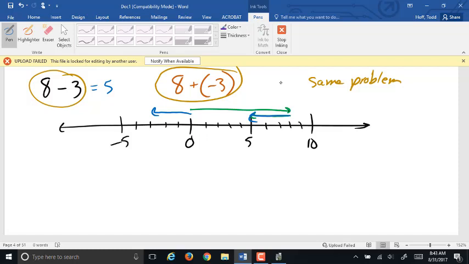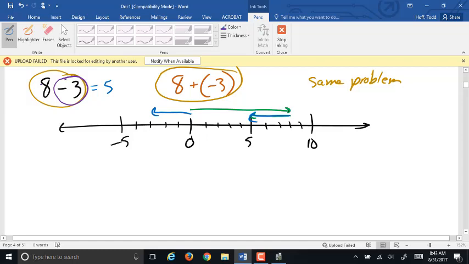Let's take a look at what the technical definition of the subtraction symbol is. Now, one thing that we should make clear is an operation, addition, subtraction, multiplying, or dividing, always operates on the number that comes after it. So the subtraction is operating on the 3 here, the number that comes after the symbol.